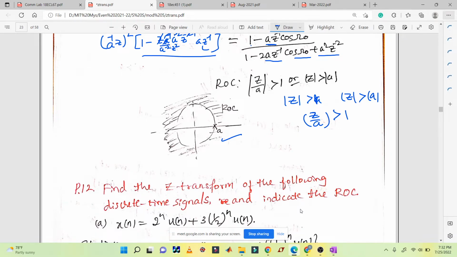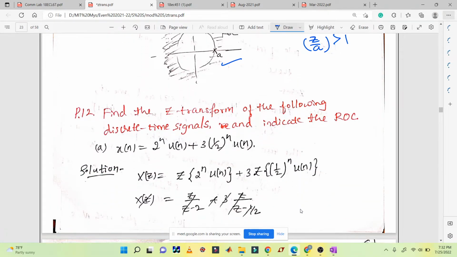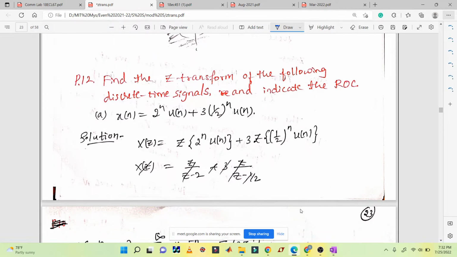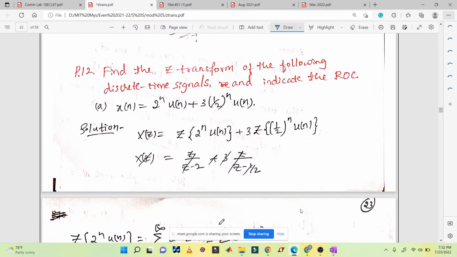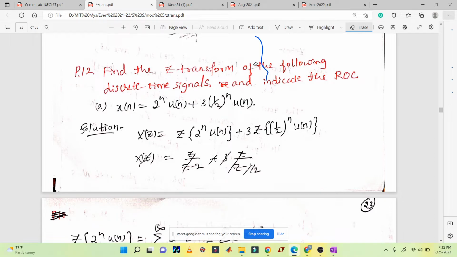So this is our last problem on the standard note. Now similar problem you can expect, let me write it as, similar kind of problem you can expect like what is a to the power n sine omega naught n into u of n. I have solved for cosine. You can expect x of n given by this.